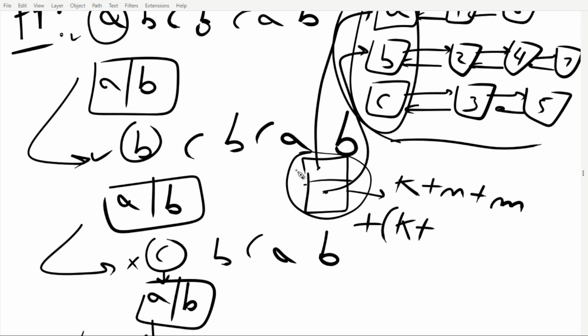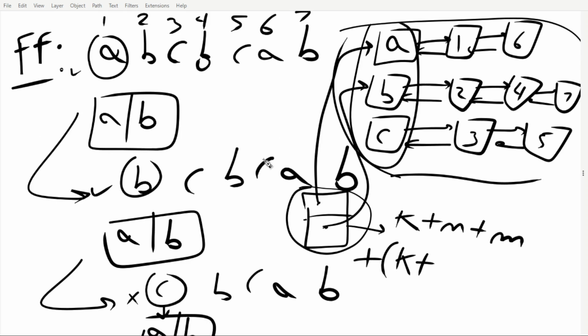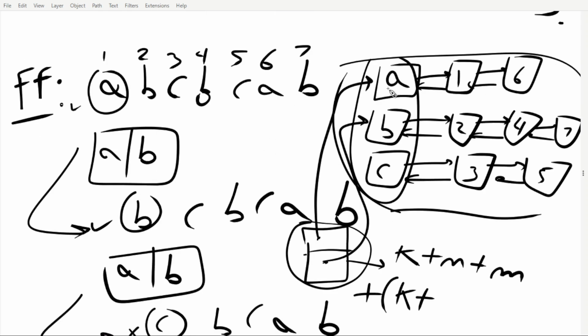K time to check the pointers. So we can know by checking the pointers if we have a hit or a miss. So in our case we have a hit. So hit, there is no work to be done.